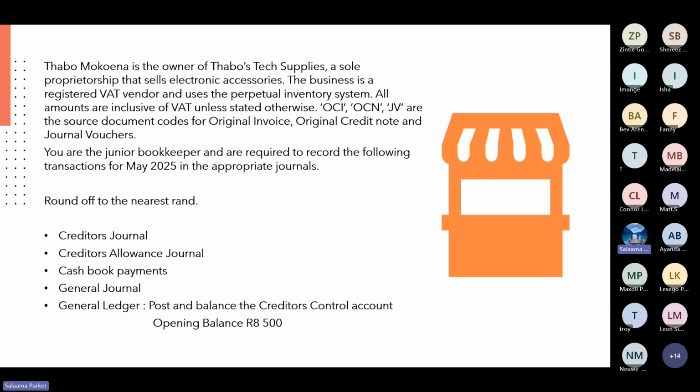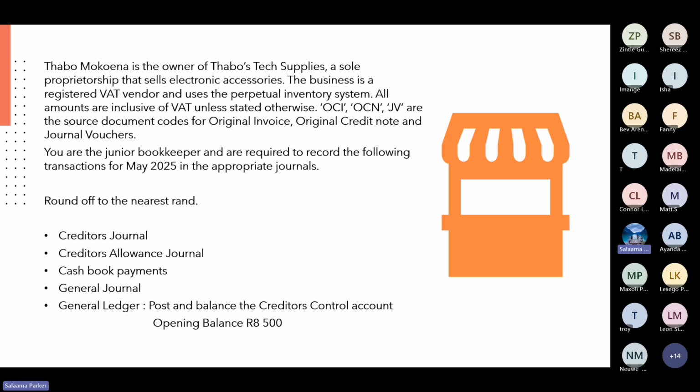And here again, we've given you the source documents: OCI, the abbreviations, original credit invoice, OCN, original credit note, JV is for your journal vouchers. Okay, round off to the nearest rand. So when we say round off to the nearest rand, it means there must be no decimals.